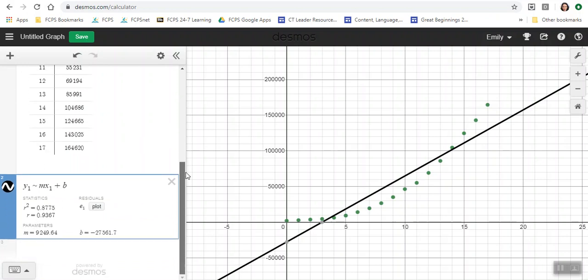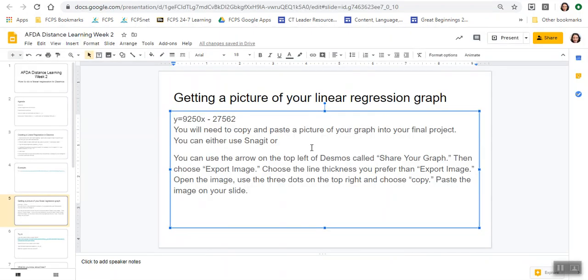So if I scroll down, you can see that my m is 9,249.64. I'll round that to 9,250. And then my b is negative 27,561.7, which I'm going to round to negative 27,562. Okay, so you can see that I typed in my equation. This is the equation that I got.